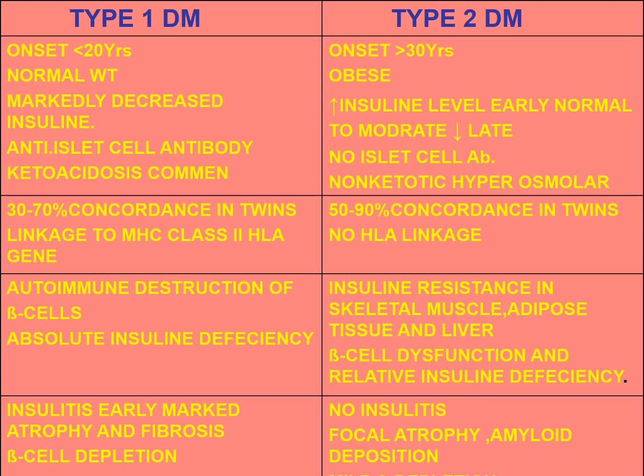In type 1 there is insulitis early, then marked atrophy, fibrosis and beta cell depletion, but no features of insulitis may be there in type 2 diabetes mellitus, in the pancreas, in the islets of Langerhans or the beta cells. Focal atrophy and amyloid deposition of the beta cells is there in type 2 diabetes mellitus.